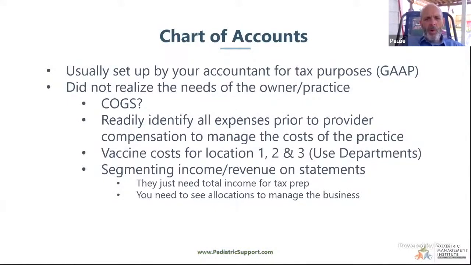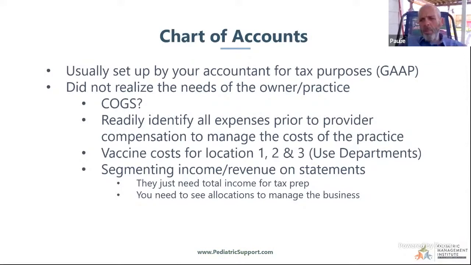And so what we want to do is also recognize that sometimes when I look at a chart of accounts, it will say Burlington office, Boston office, or whatever other towns may be around there, but location 1, 2, and 3 all listed on the chart of accounts. We don't need to do that. Just about every accounts payable system, for sure QuickBooks and Peachtree, you can use what are called departments.